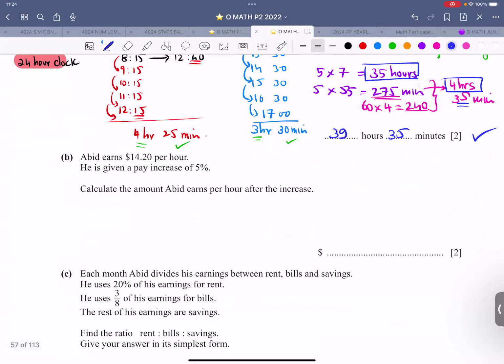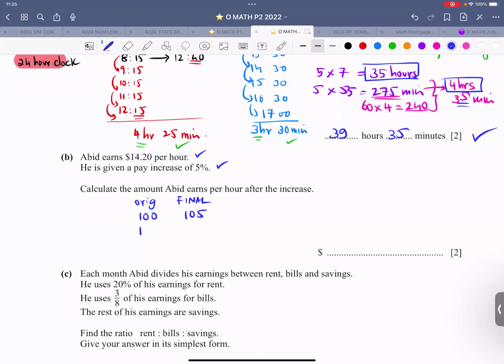Now it says Abid earns $14.20 per hour. He's given a pay increase of 5%. Calculate the amount Abid earns per hour after the increase. So the original, and this is final, the increase thing. If the original is 100, a 5% increase will make it 105.